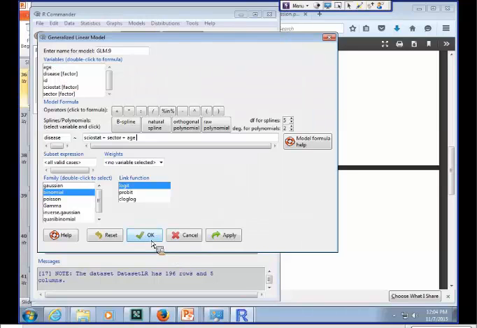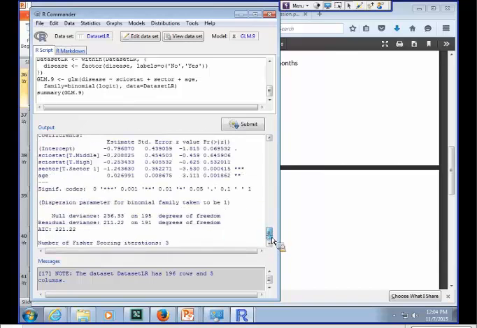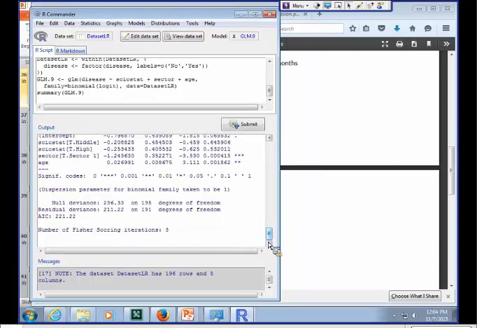If you run it again, you're going to get the same result as if you have 1 and 0 for the disease variable.